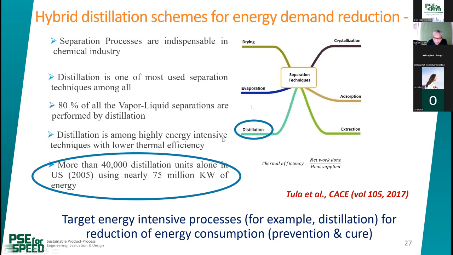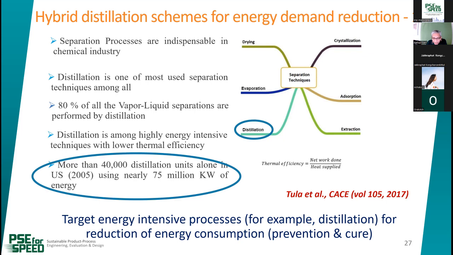So we have to use distillation. And then we know that this data is quite old. Around 2005, there were 40,000 distillation columns working. But an updated number tells us that these days there are more than 150,000 distillation columns working. And they need a lot of energy.